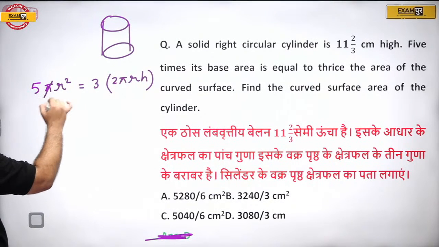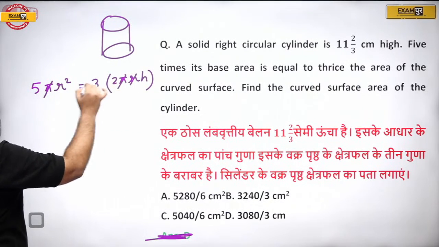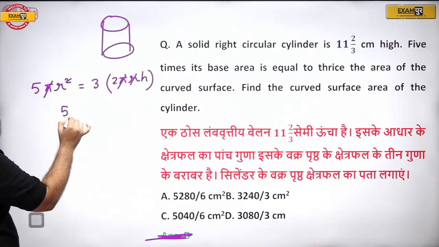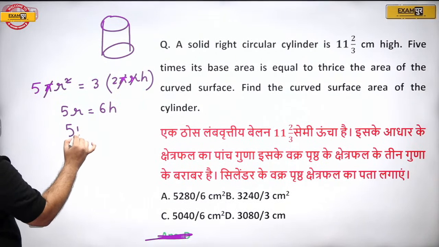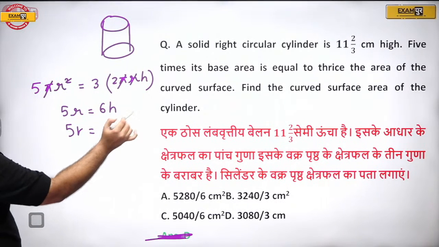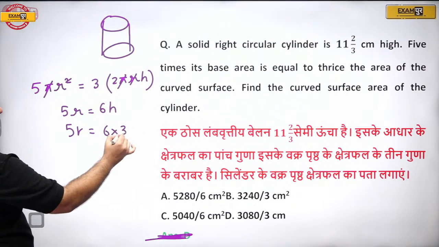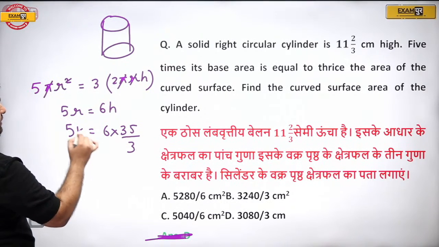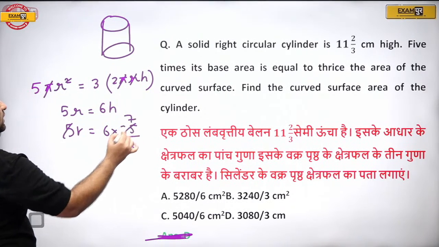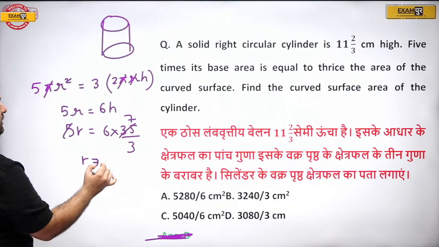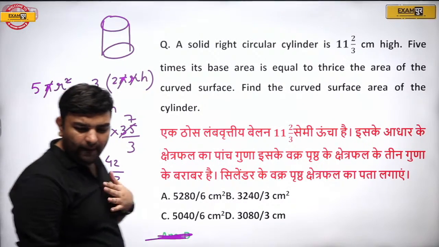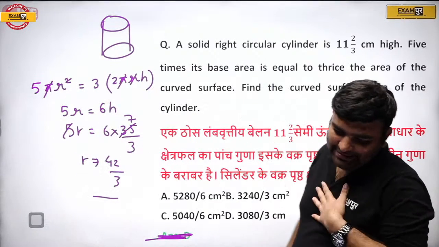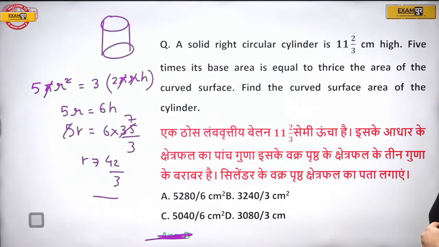So 5r is equal to 6h. Height is already given to you: 33 plus 2, 35. Divide by 3. So radius comes out to be, yeah, is it 42 by 3? Oh my God. What is this radius?